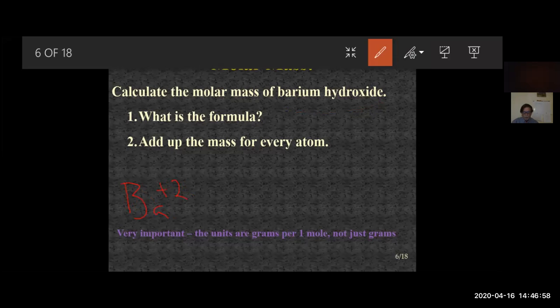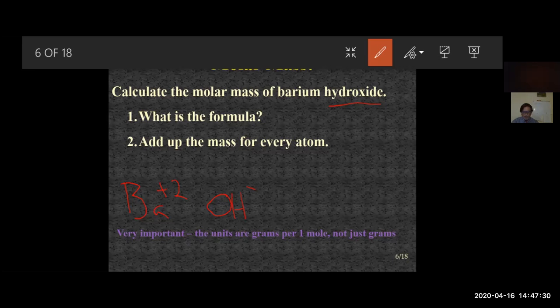Now the hydroxide. I refer you to the polyatomic ion table on the periodic table. The hydroxide ion is OH with a negative charge. Remember, the hydroxide ion is a base, back to our acid-base chapter. I want to put these two together such that the charges cancel each other out.